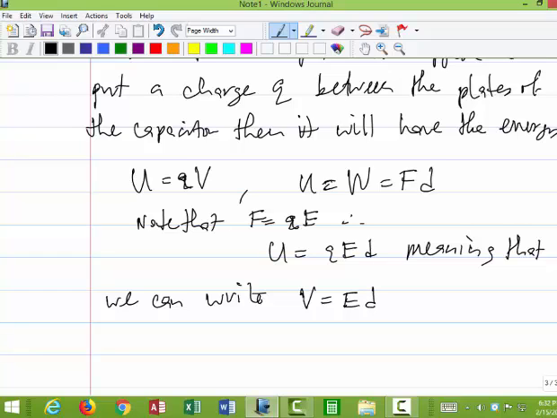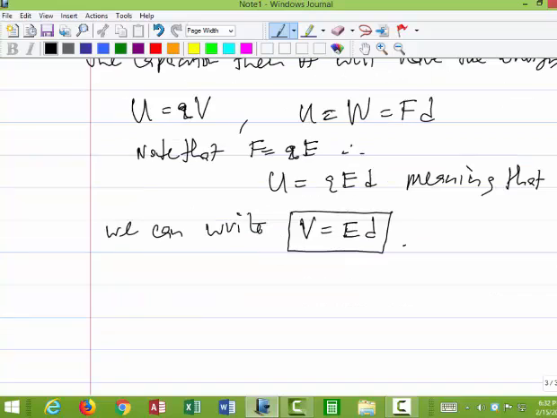So the potential between the plates is equal to the electric field times the distance between the plates. So V is the potential between the plates and it's equal to E times D.